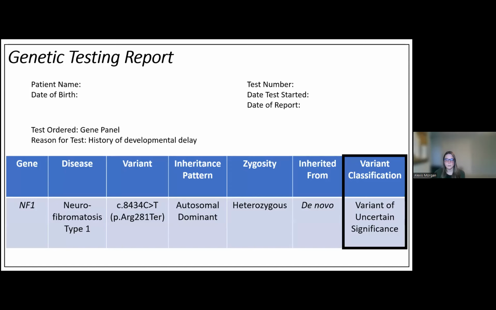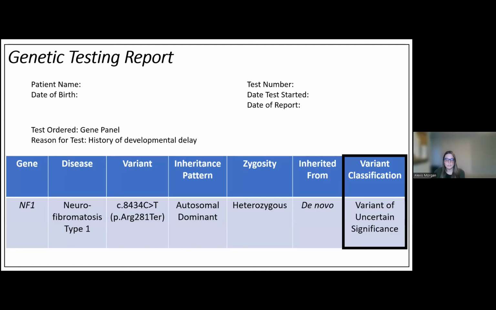Lastly, sequence reports will provide the variant classification. This tells you how the laboratory classifies this variant and how it may impact a person's health, and if this variant may cause a certain genetic condition. This example variant is classified as a variant of uncertain significance, or VUS.